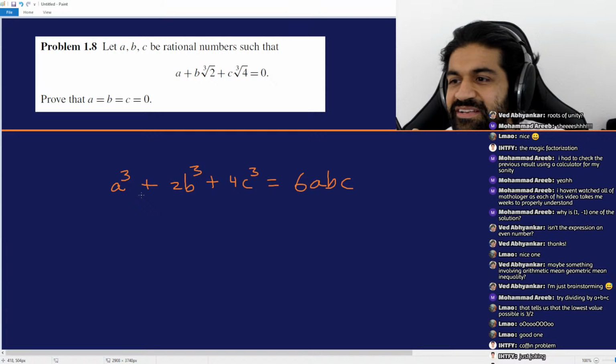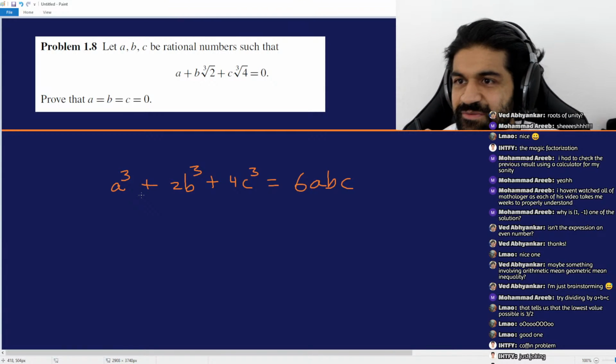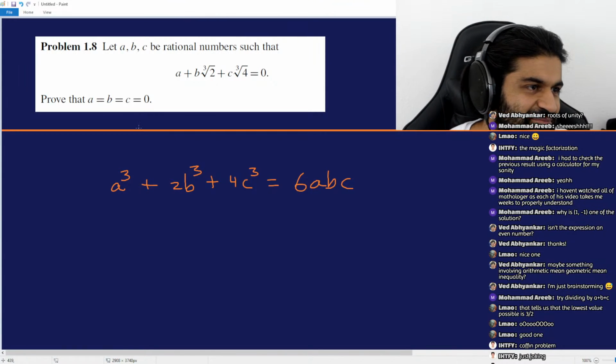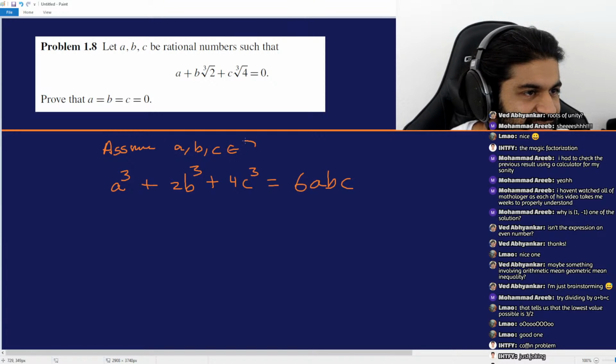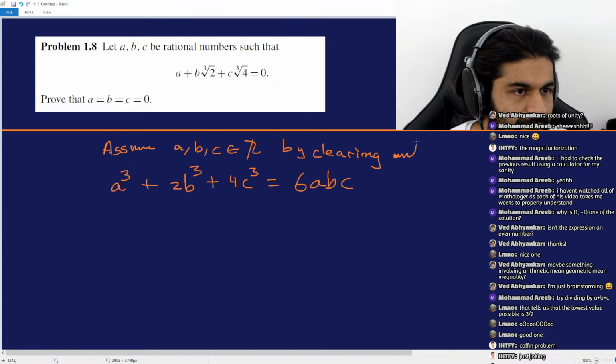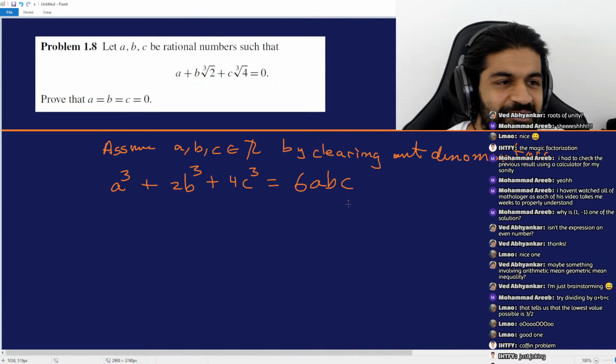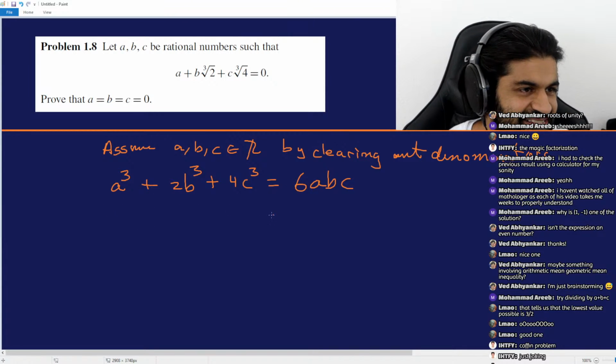So I think we can assume a, b, and c are integers by clearing out denominators, right? Okay, so assume a, b, and c are integers by clearing out denominators. Now we have this thing.